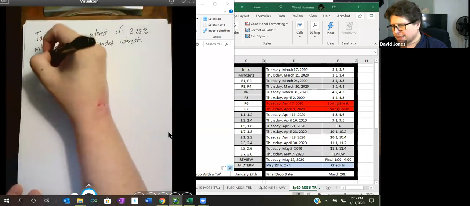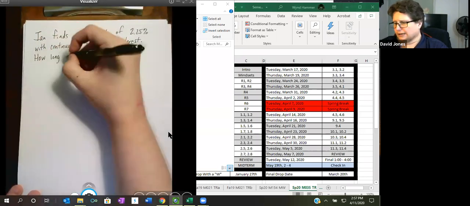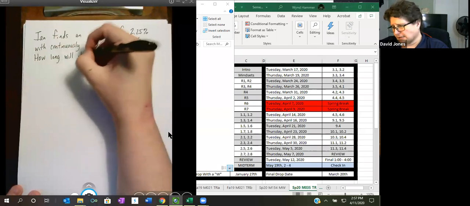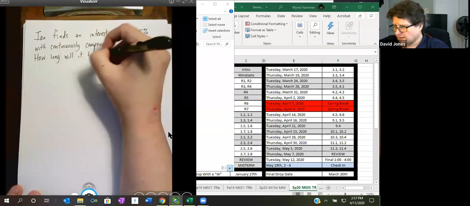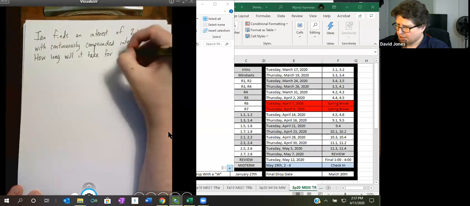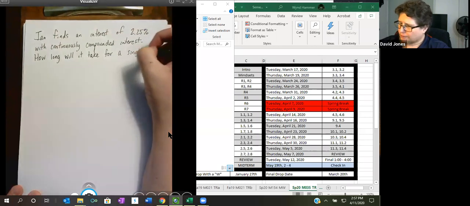How long will it take for a single initial deposit to double?